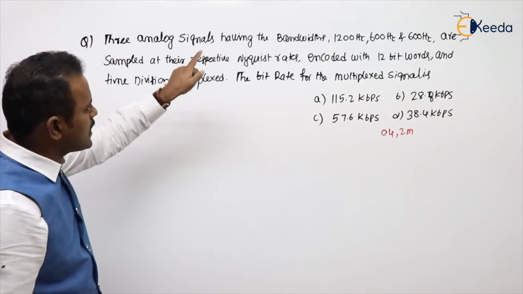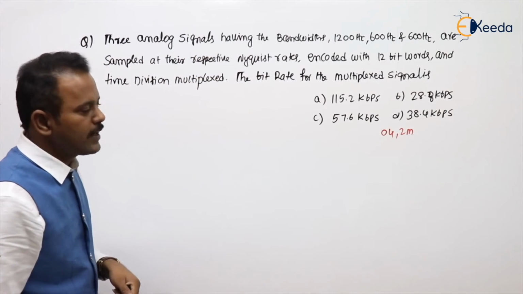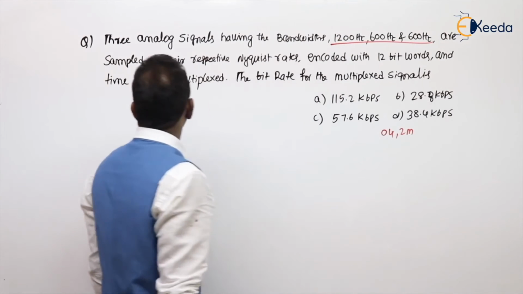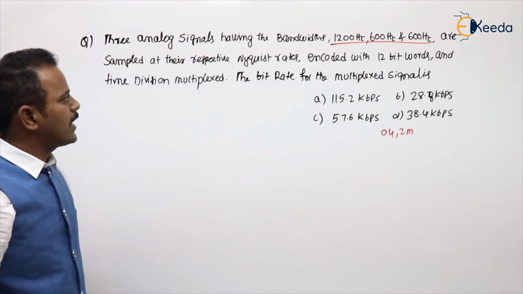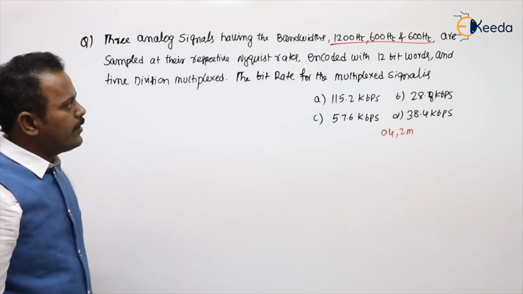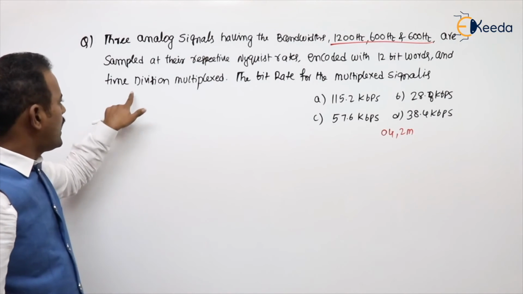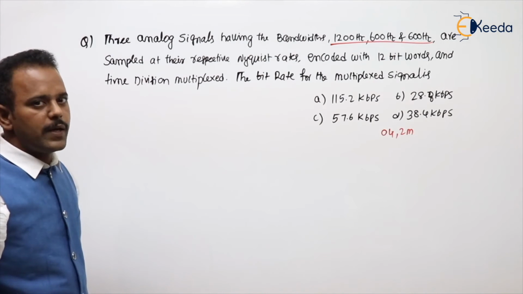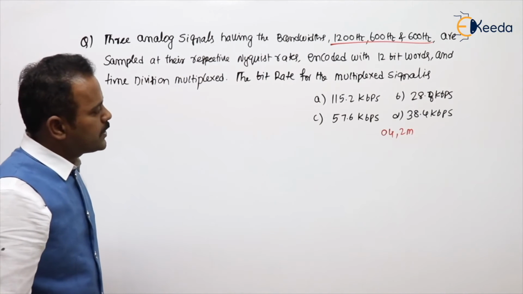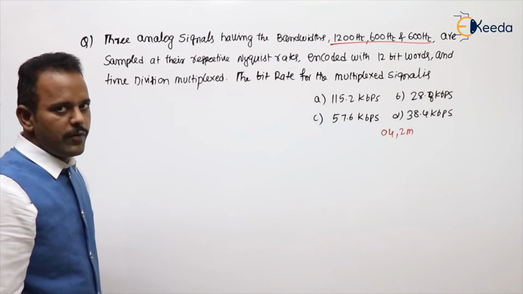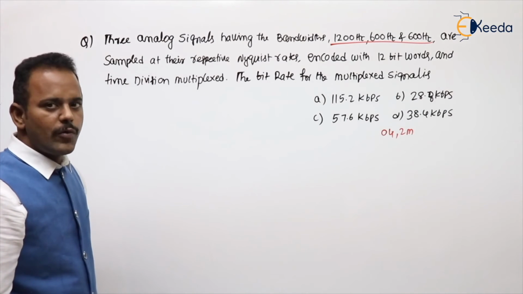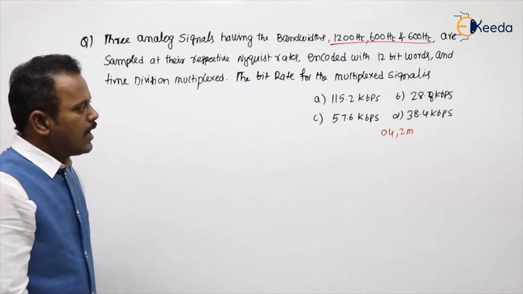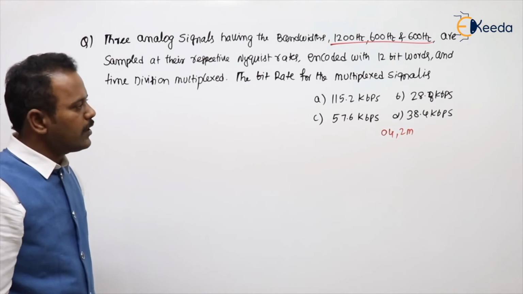3 analog signals having bandwidths 1200, 600 and 600 are sampled at their respective Nyquist rates, encoded with 12-bit words and time division multiplexed. The bit rate for the multiplexed signal is: option A 115.2 kbps, option B 28.8 kbps, option C 57.6 kbps, option D 38.4 kbps.